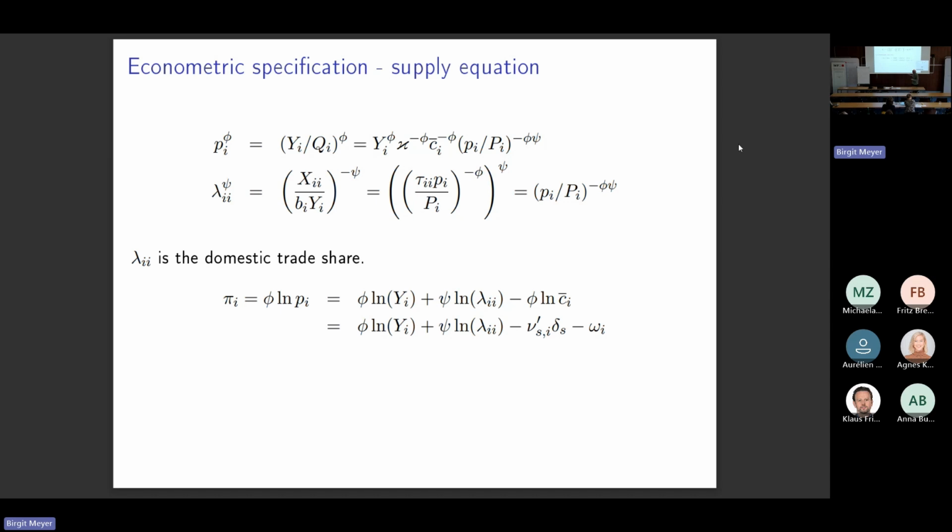Okay, and if you do that, you have to check the trade balance times the output. This is this lambda II, the share of domestic sales in total sales, and total expenditure, as it should be.